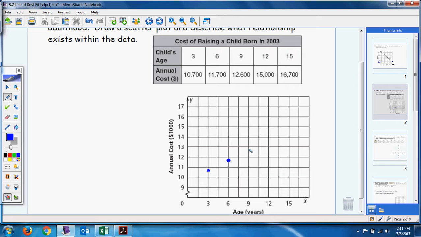Not quite 13,000, a little bit above the middle, maybe right about there. 12 is exactly 15,000, so that's nice. Ooh, I wonder why there's a big spike there going from 9 all the way up to 12. Preteens. And then 15 up to 16,700. Maybe right around there.